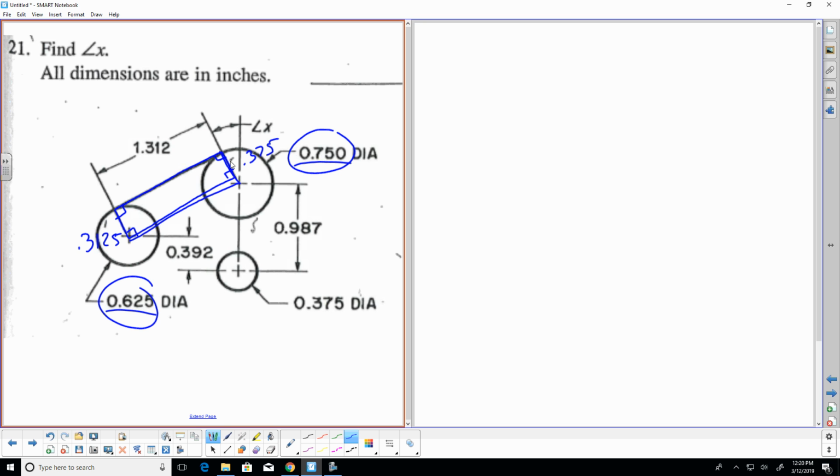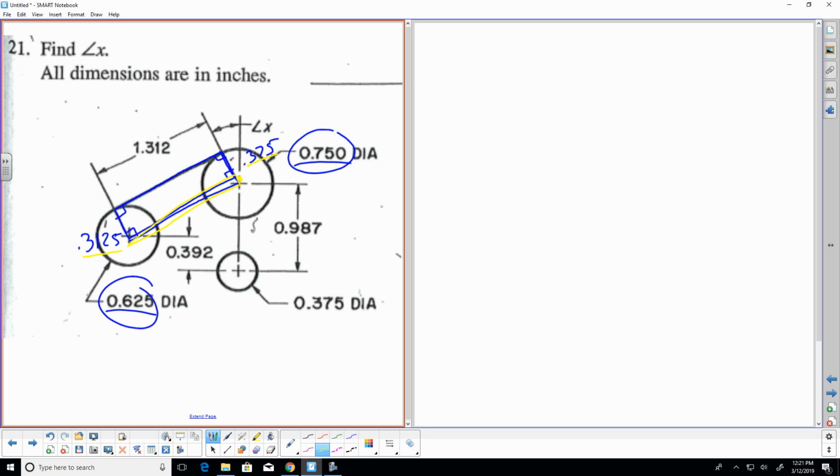Okay. So that tells me there's a little gap. You see that little gap right here? There's a little teeny tiny gap right here. And I can find that little teeny tiny gap by subtracting this value from this value to find this little tiny gap of this triangle. So I have a triangle, little tiny gap, long diagonal, and then straight back. I know that's not drawn really well, but that's the idea.